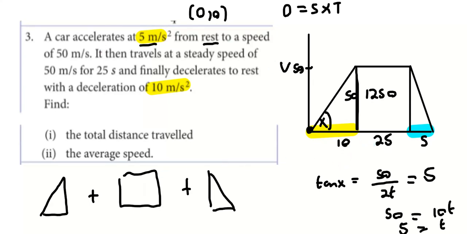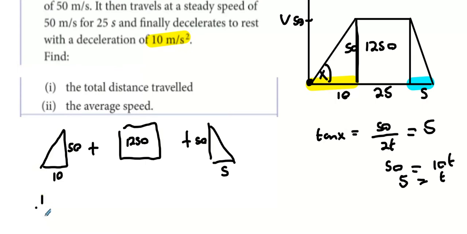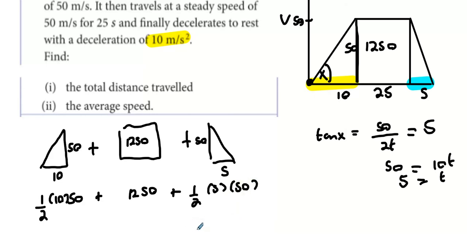Now, a half 10 times 50 plus 1,250 plus a half 5 times 50 to get your total distance traveled. So what do you get here? A half 10 times 50 plus 1,250 plus a half 5 times 50. Okay, and this will equal 250 plus 1,250 plus 125, is it?